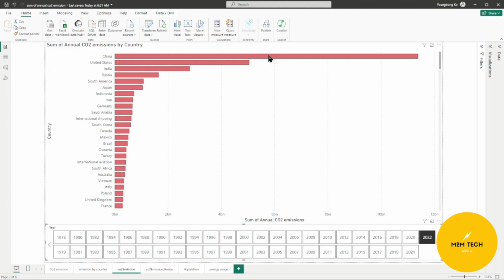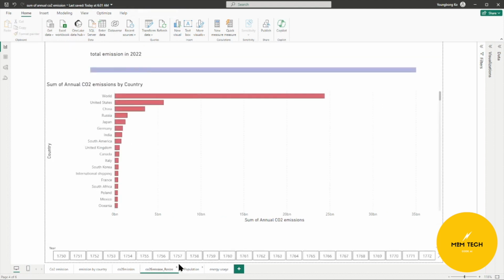So China is the problem. Can we say it that way? This is just exaggerated by the country, but if we take a look at the actual emission through the years compared to the current emission, let's check.